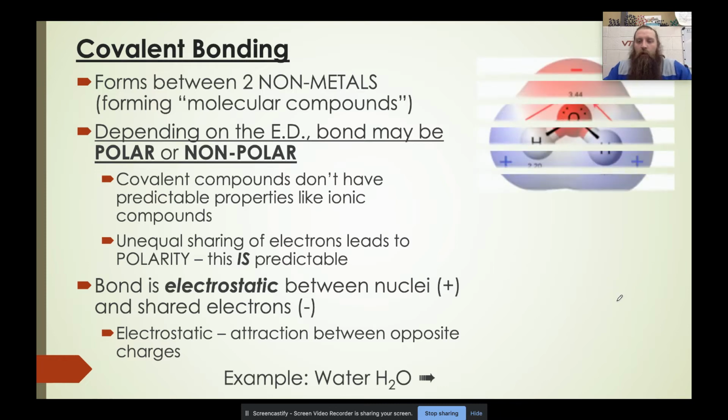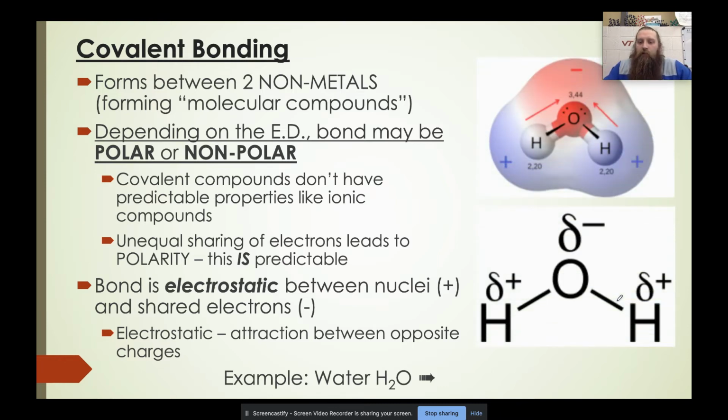So let's look at water. A lot of things going on here with water. Number one, we have this delta negative, which means partial. Water is a polar covalent bonded molecule. You can see that the electrons are pulled from hydrogen towards the oxygen atom here, and that gives us some polarity.